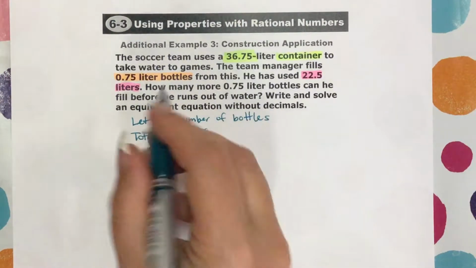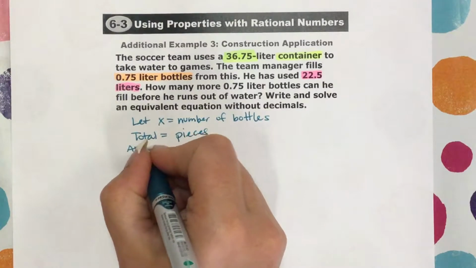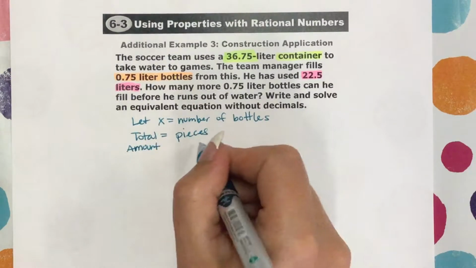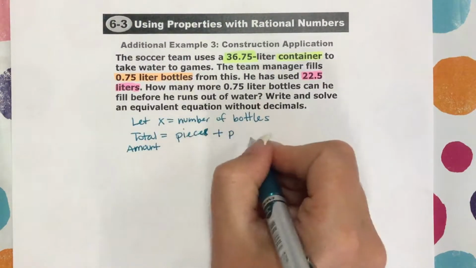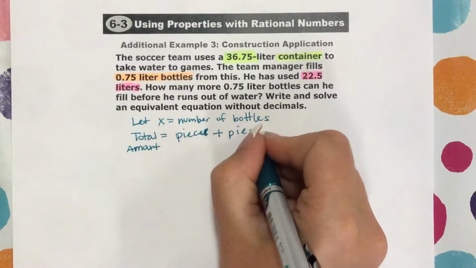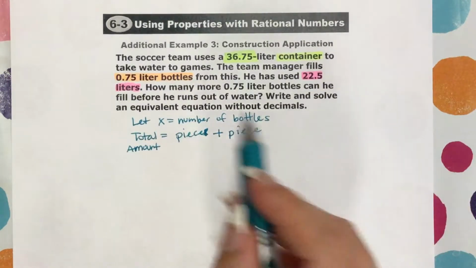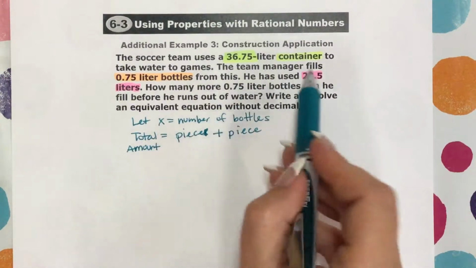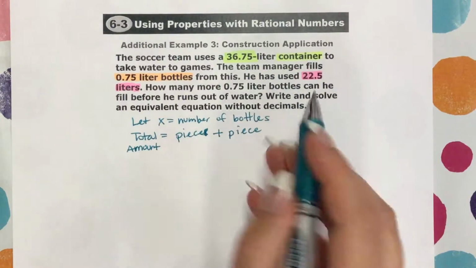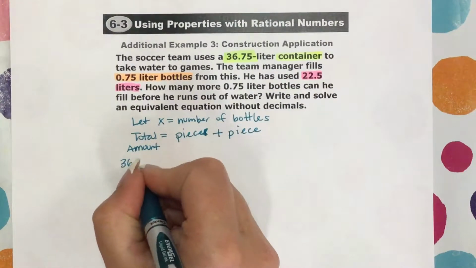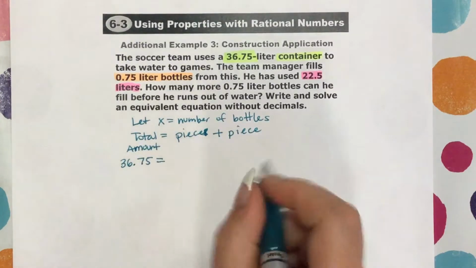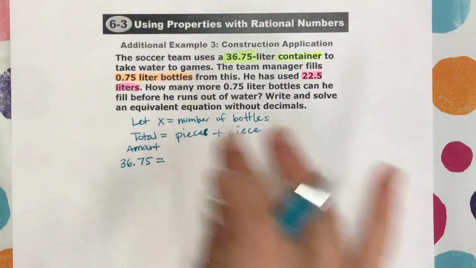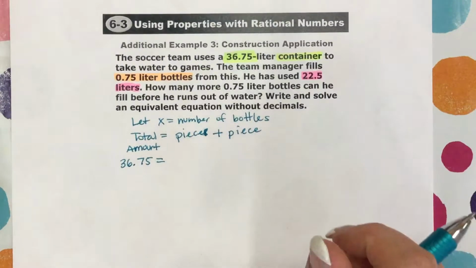So we have a total amount, and then we have pieces of that amount, which are usually like piece 1 is added to another piece. So let's look at this. The total amount would be the container of water, which is 36.75. That's going to equal the individual pieces that make up that 36.75.